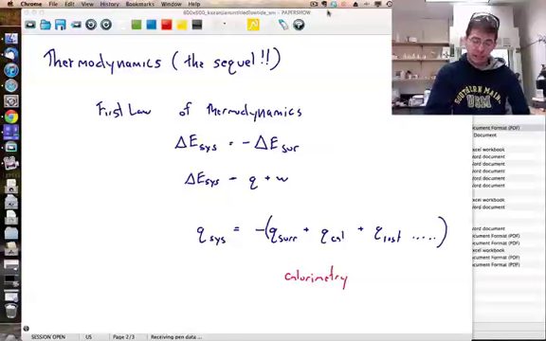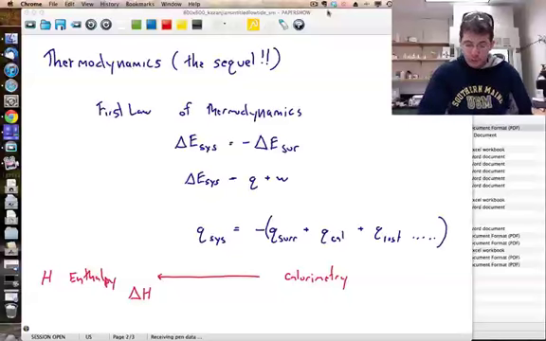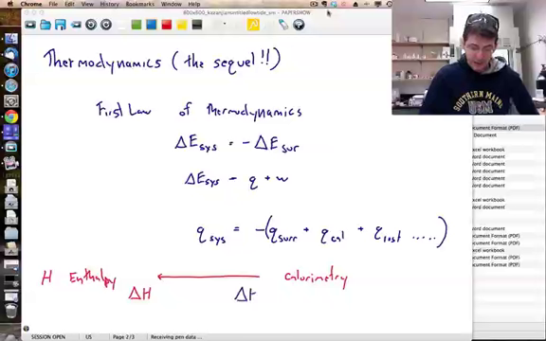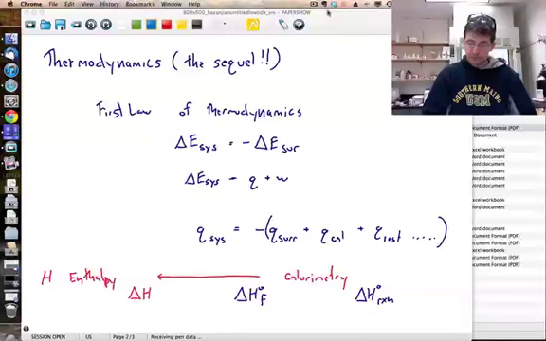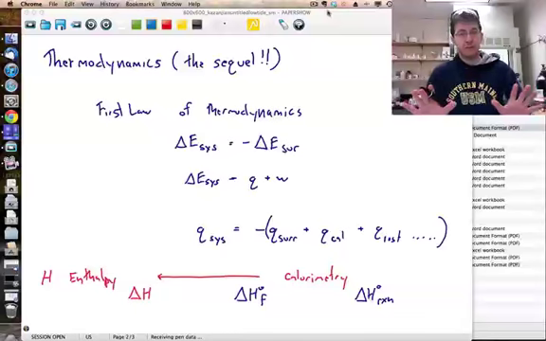And the heat energy is directly related to this idea of the enthalpy, H, though we often use it as the change in the enthalpy, delta H. We also related that to the delta H under standard conditions for the formation of a compound, as well as the enthalpy change of the reaction under standard conditions. So all of these quantities came in last semester, and all of this grew out of the first law of thermodynamics.